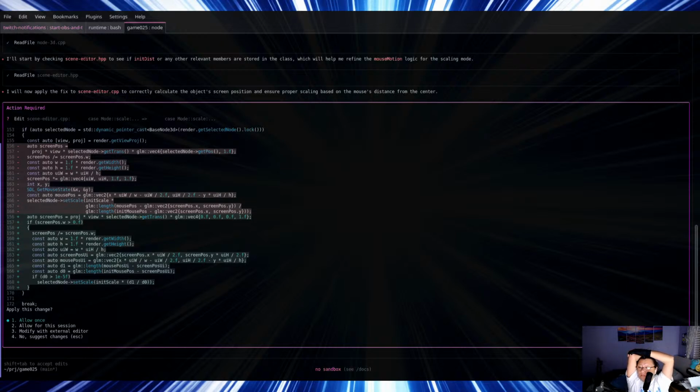I will now apply the fix to correctly calculate object screen position and ensure proper scaling based on mouse distance from the center.